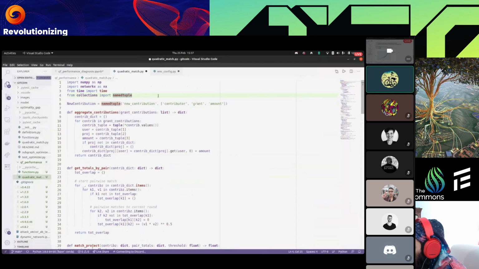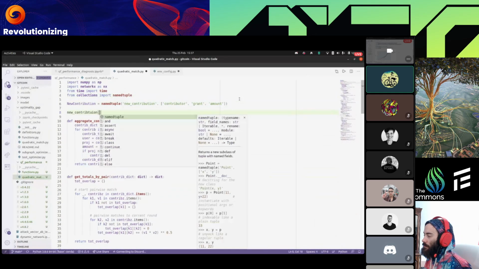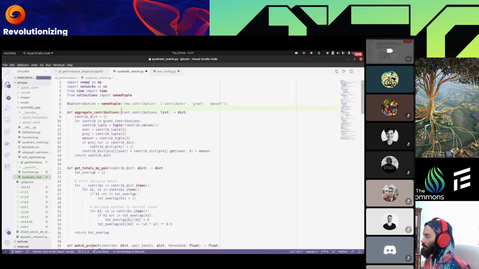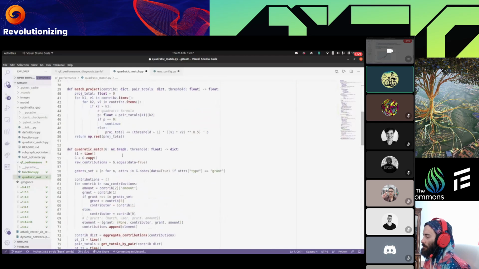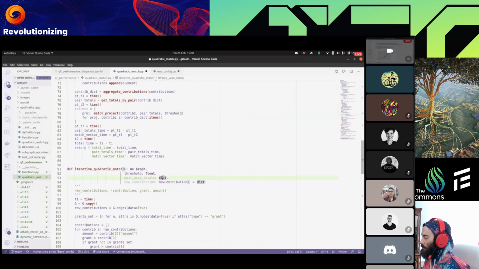It's a quick way of creating a tuple, but instead of accessing the tuple by indexes, like 0 for getting the contributor or 1 for getting the grant, you could access fields like new contribution dot contributor. So it's a bit cleaner, really. And on that iterative quadratic match, the new contribution should be a new contribution object. So I think that is a bit clearer.